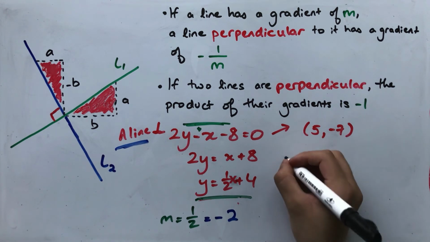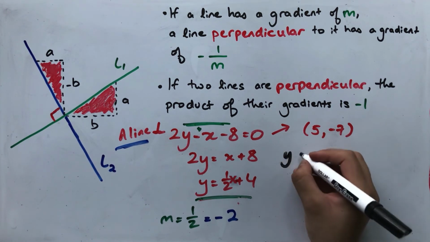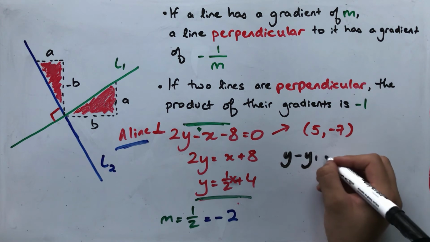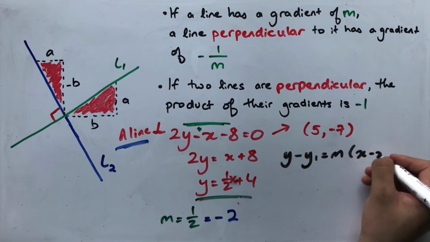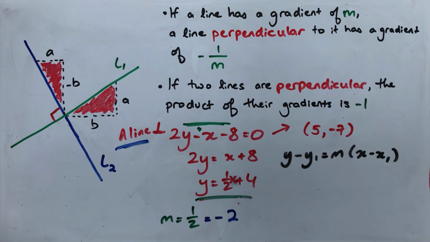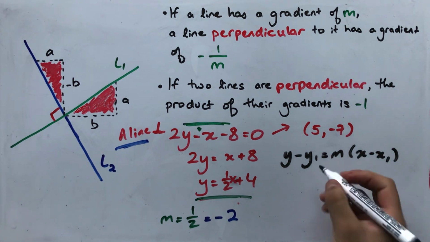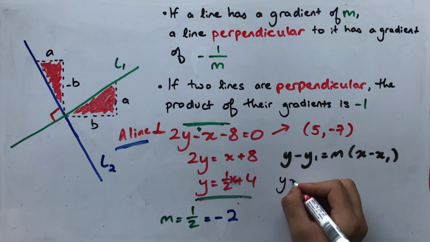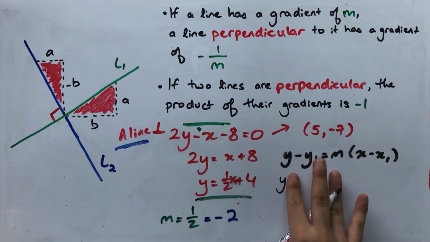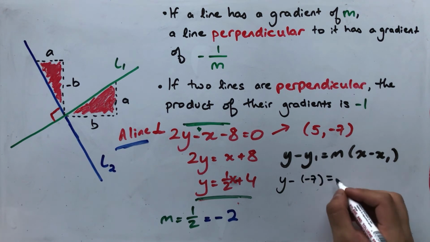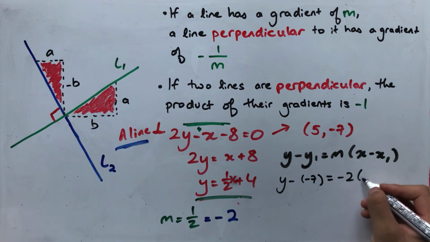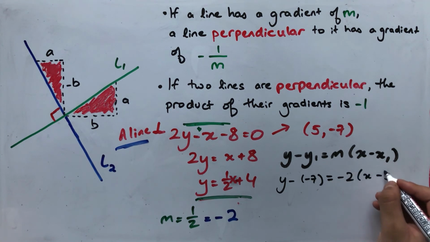From one of my previous videos, you know that to find the equation of a line, do y minus y1 is equal to m into x minus x1, right? Now we can just substitute these values into this. We keep y as is, minus negative 7 is equal to the gradient of the blue line, negative 2, into x minus 5.